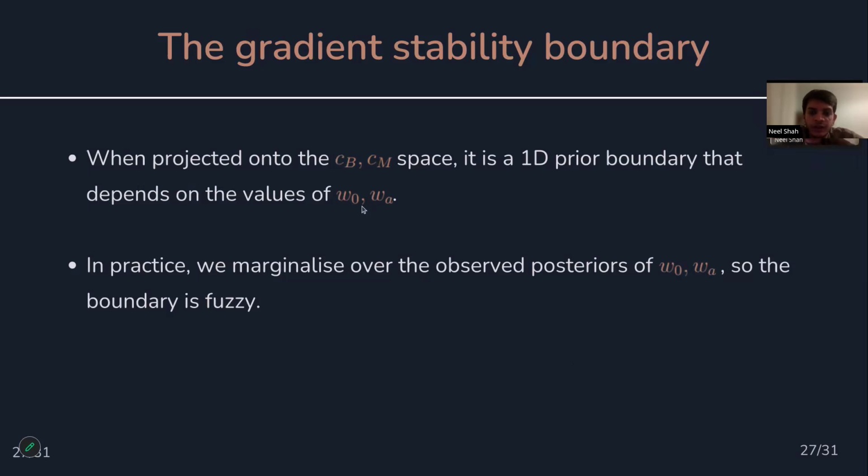We are also varying these parameters and constraining them with data. So when we look at posteriors of CB and CM, we have marginalized over the observed posteriors of W0 and WA. So this gradient stability boundary in the CB-CM plane, instead of being a rigid boundary, is going to be a probability distribution, and we can visualize it with contours.